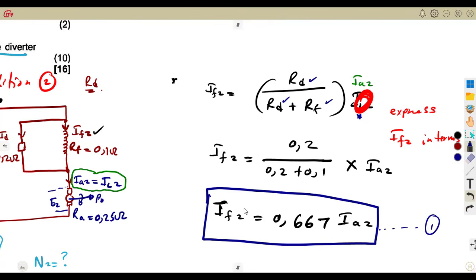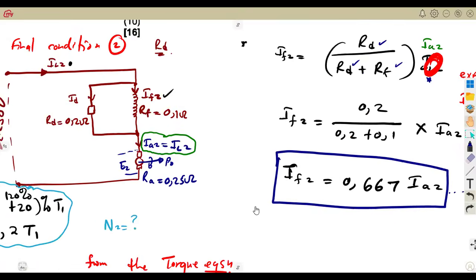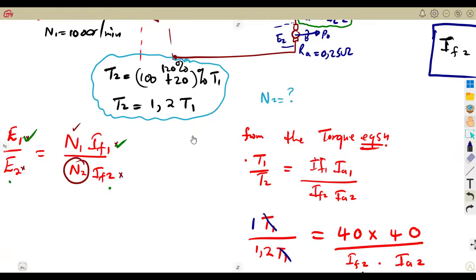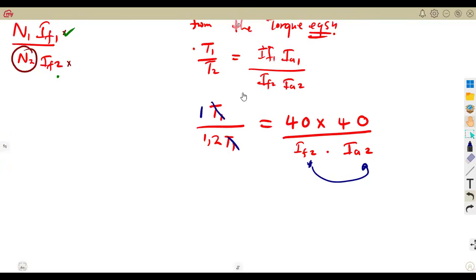Let's just leave it like that, because IF2 has been written in terms of the armature current. So it gives us the power to remove it here, where it is on this equation where we left off, and write it in terms of the armature current. Remember, this is the missing part. We cancel this T1 and the missing part was on this one. So we have it in terms of the armature current.